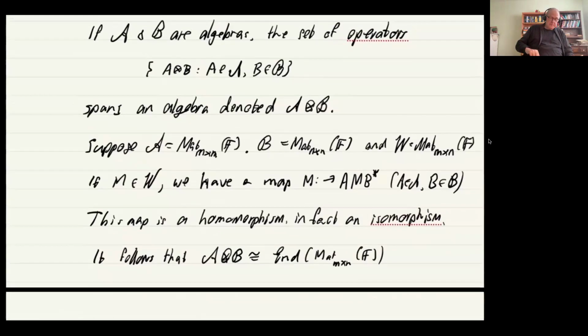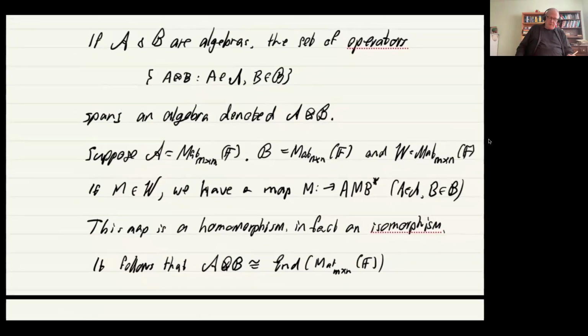Now I wanted to talk a bit about tensor products of algebras. If A and B are algebras, which for our purposes we just think of as matrix algebras, so the vector spaces are matrices closed under multiplication, then the set of matrices A Kronecker B spans an algebra, which we denote, by abuse of notation, by A tensor B. This follows from the identity for A tensor B times C tensor D that I wrote down earlier.